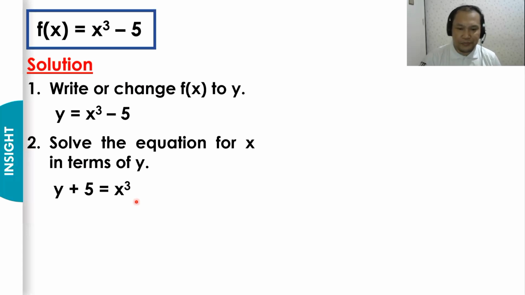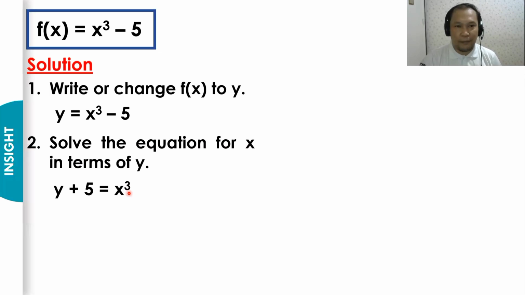And then, x cubed, as the exponent of our variable x, should be simplified into x raised to 1, which is degree of 1. Therefore, we are going to get the reciprocal of 3 so that our exponent will become 1.